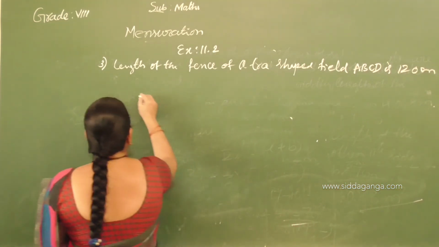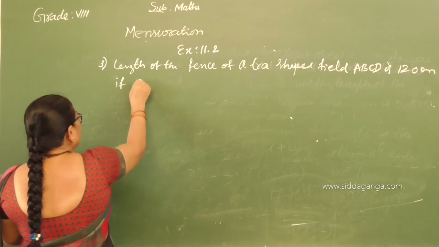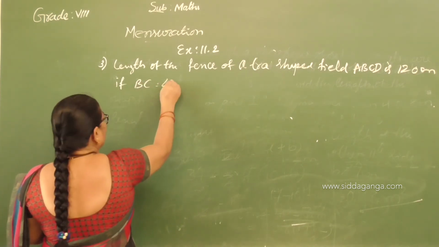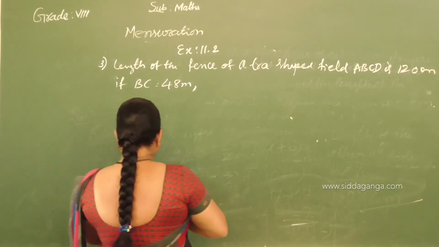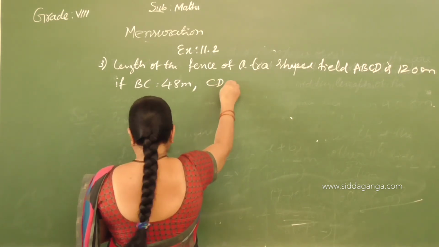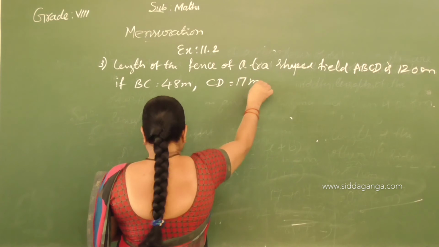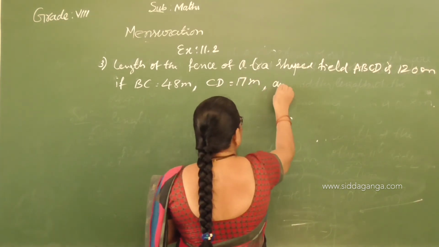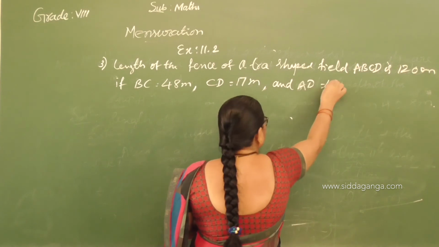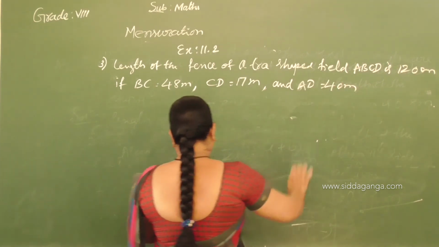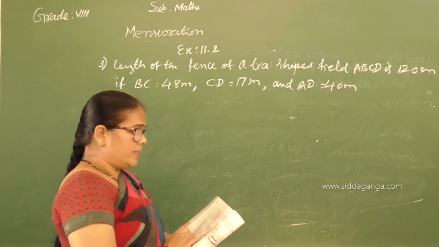If BC is equal to 48 meter, CD is equal to 17 meter, and AD is equal to 40 meter. Find the area of this field.